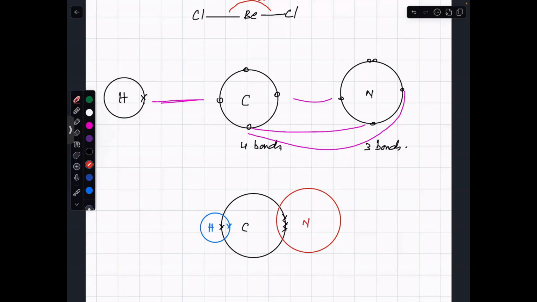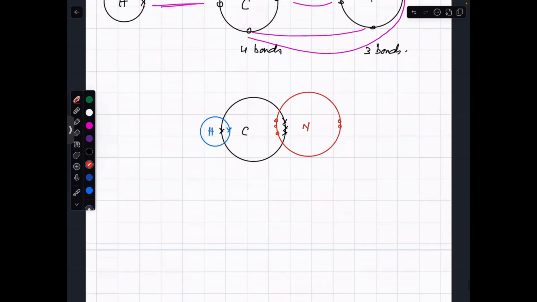And the nitrogen will make 1, 2, 3, and 4, 5. See, the hydrogen is making 1 covalent bond with carbon, and carbon is making a triple bond with nitrogen.